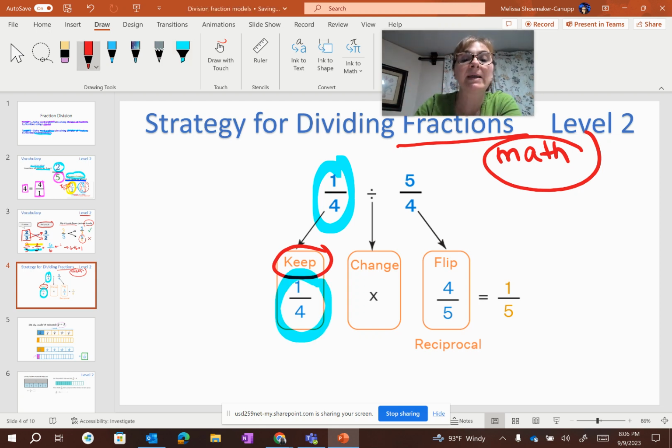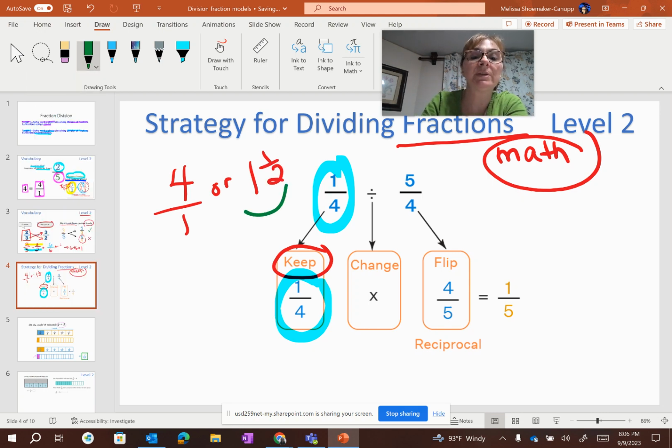The difference might be if you had a whole number, you would need to write it over 1. Or if you had a mixed number, you would have to turn it into an improper fraction in order for it to be just in fraction form.